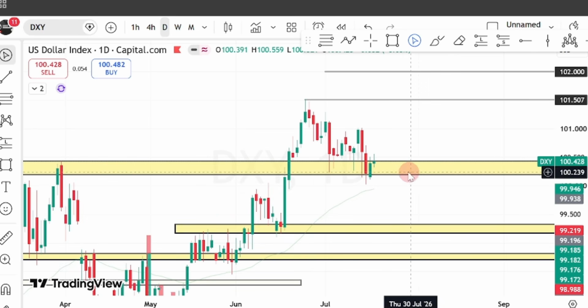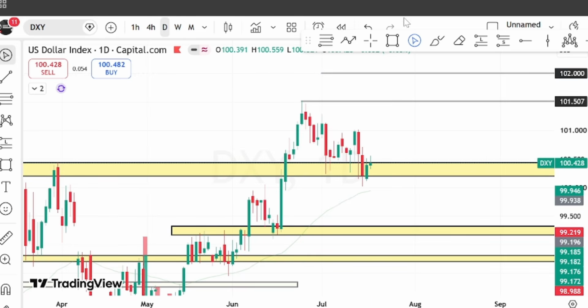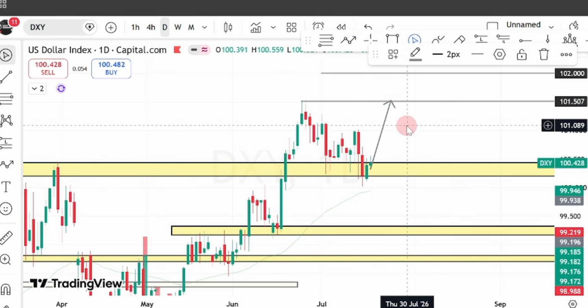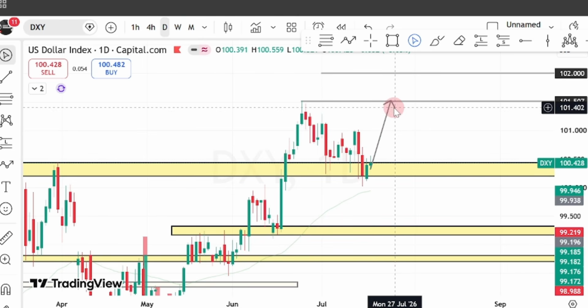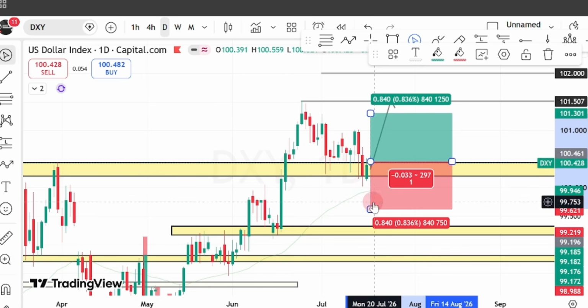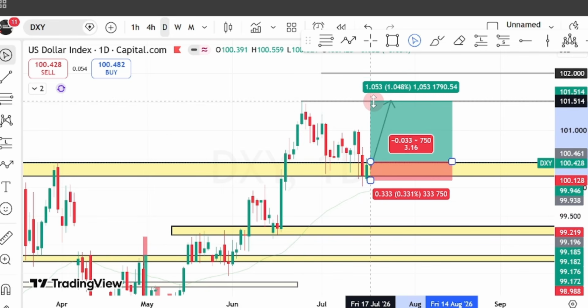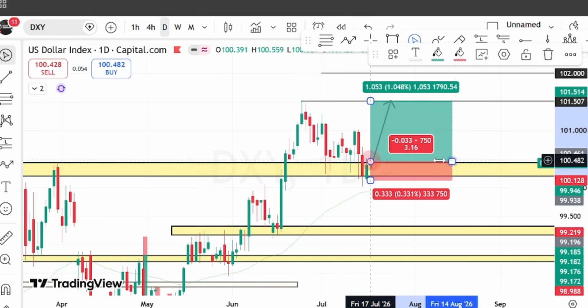Price is still retesting off there. So on the bigger picture of things, price still looks very much bullish. Okay, so we'll be looking for price to react and continue buying all the way from here to the upside. So if you wish to buy, you can put your stops there, put it here, and you target your first level, which is the 1015 to the upside.